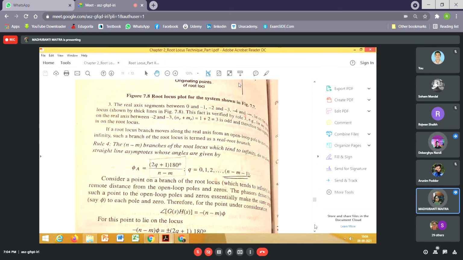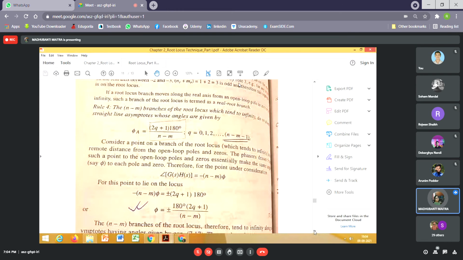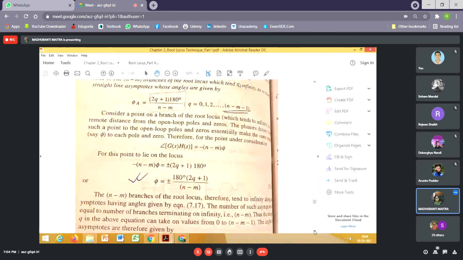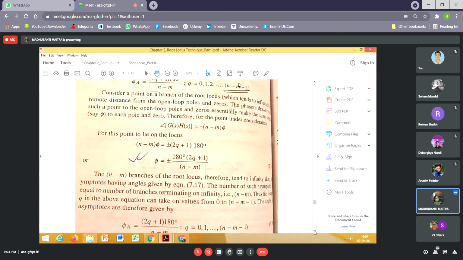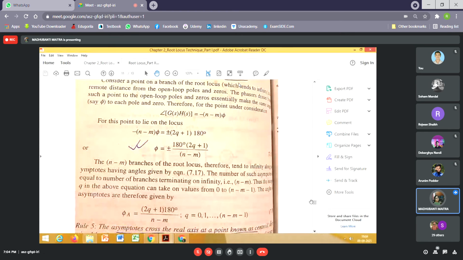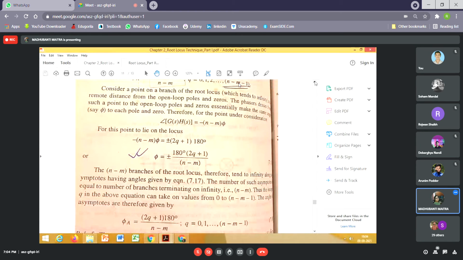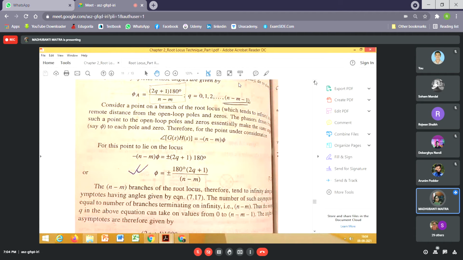Now, this rule can also be derived very easily, but since I can't do board work, I don't know whether you'll be able to appreciate the essence of the rule or not. Just think about a point which is an onlooker's point, but located at infinity.